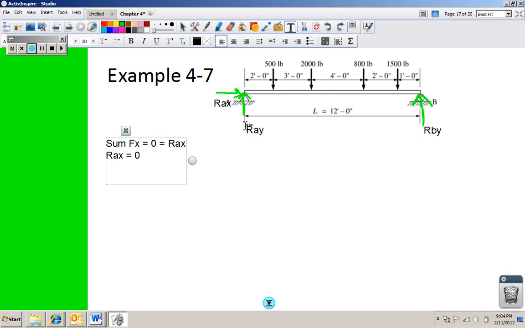Right? But now let's do the sum of forces Y. It's equal to 0. Alright, and as we move down, we have RAY is drawn in a positive direction.